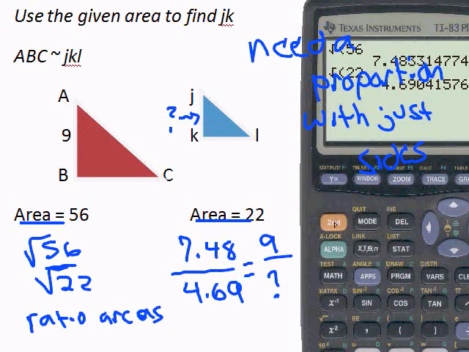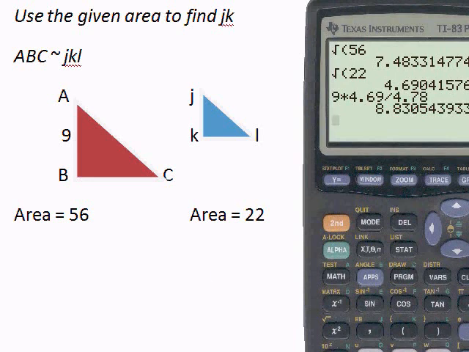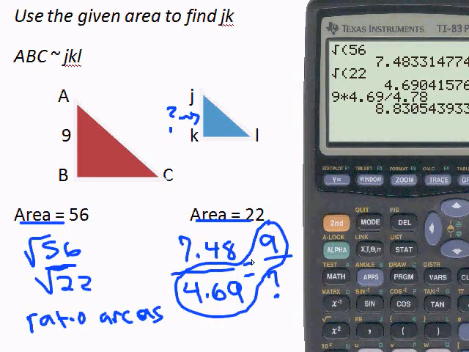I can cross multiply. This time I'm going to go 9 times 4.69 and then divide by 7.48. And I find my missing side length in the end is 8.83, and I didn't give any units, so we're just going to say 8.83.